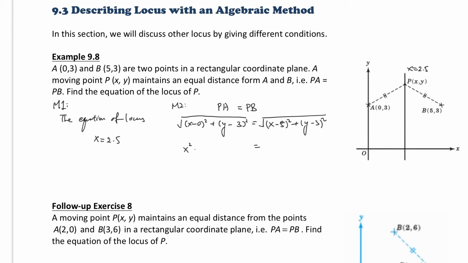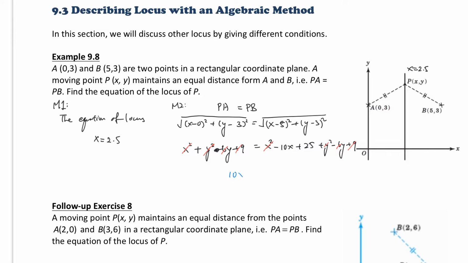This is x squared plus y squared minus 6y plus 9. How about right hand side, x squared minus 10x plus 25 plus y squared minus 6y plus 9. And then you can cross out these 3 terms, and x squared also.